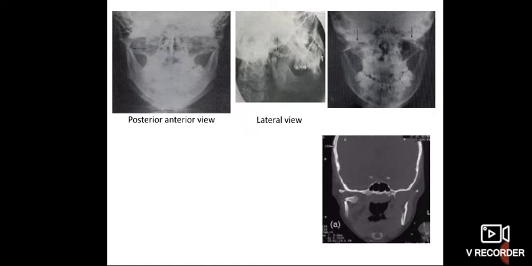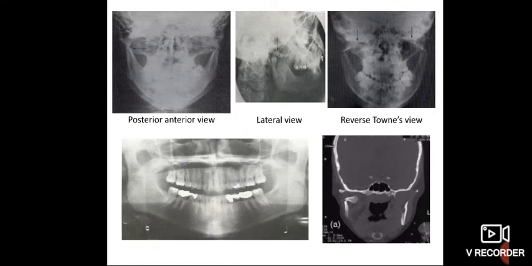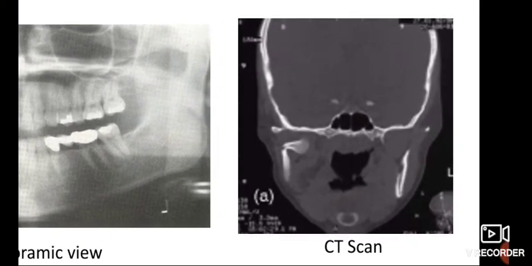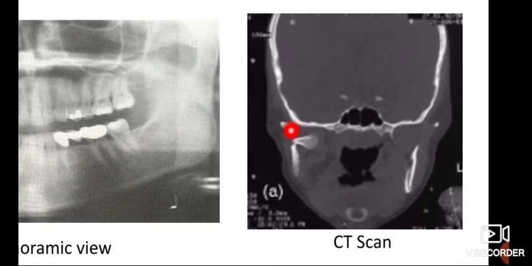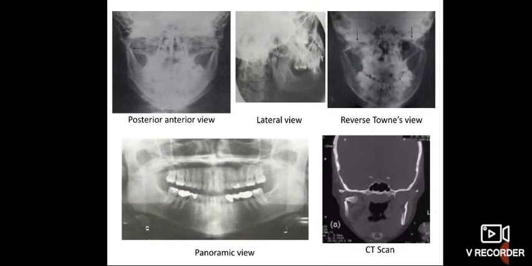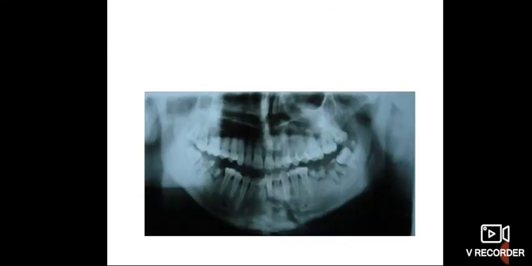So these are all the X-rays, AP views, reverse Towne's view, OPG, and this is what I was talking about. You need a CT scan to exactly see how the condyle is displaced. The condyle head is more towards the medial side, the stump is more towards the other side. These are sometimes very difficult to reduce. You need a lot of surgical skill.